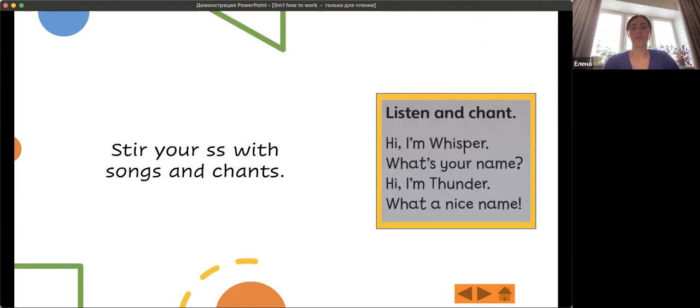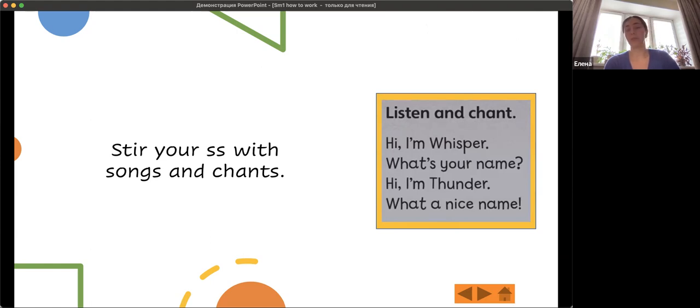Then, how can we transfer some exercises into stirrers? For example, we have this short chant in our book. What can we do? They can't read it, but still they know the phrases, what's your name?